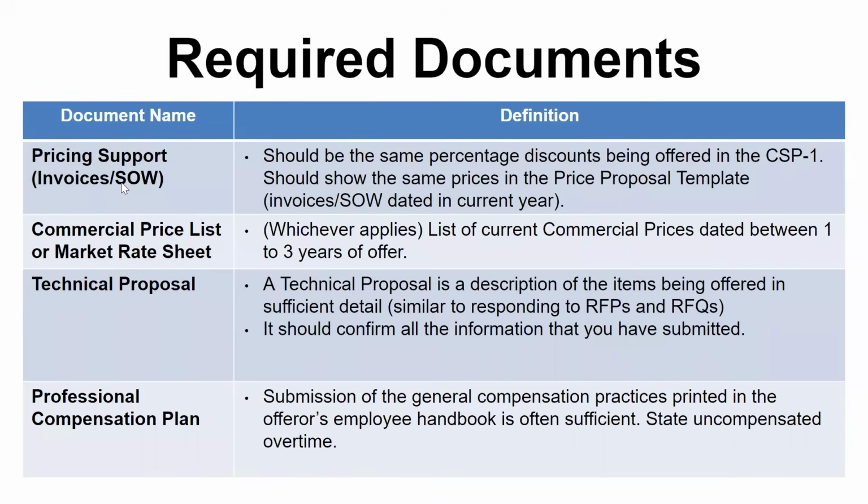If you put a commercial price for one thing in the CSP1 and your commercial price list says something different, it creates a discrepancy and you do risk your offer being rejected. So it's better to take your time, ask questions, reach out to your CEO, connect with us, your small business office, to help you navigate who you need to contact so we can get those specific questions answered so that you can submit this right.